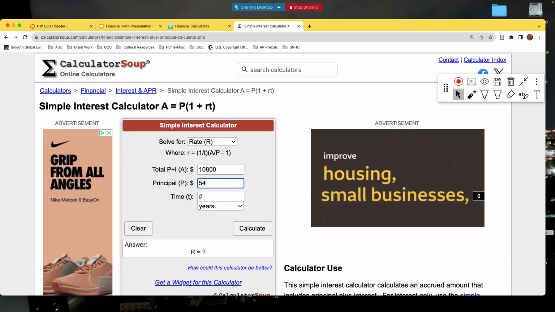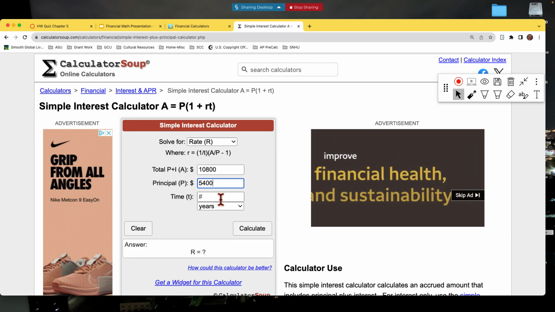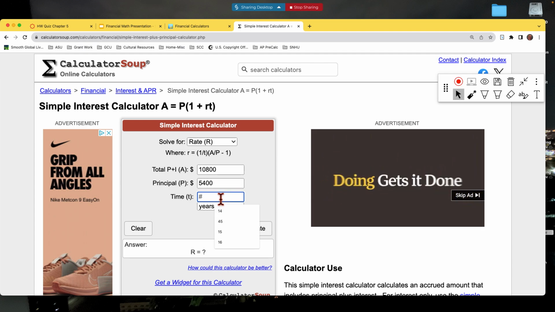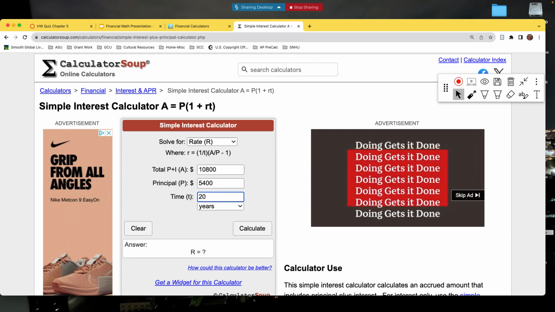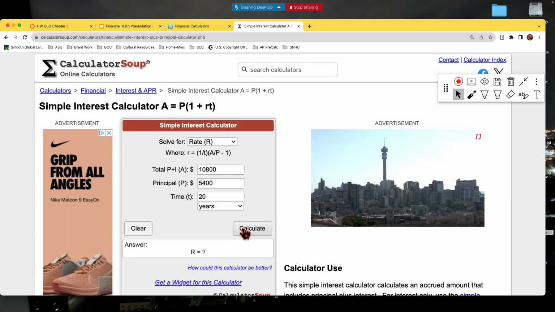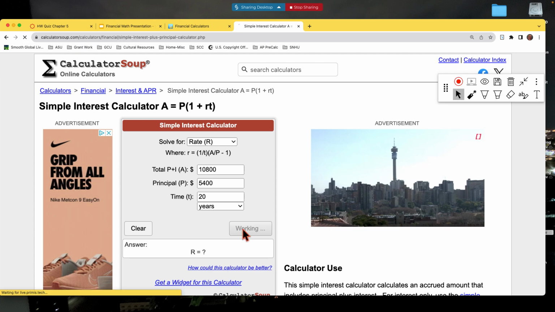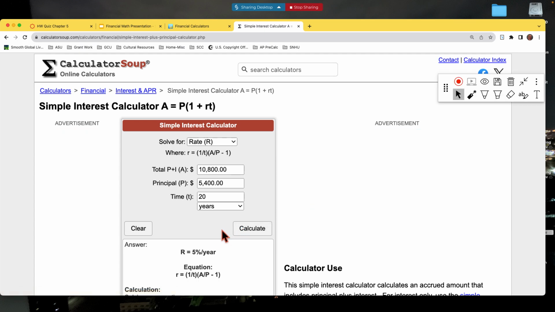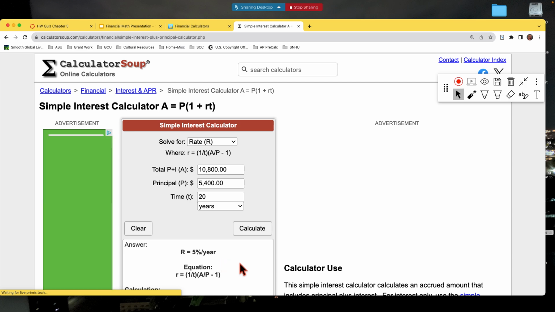The principal was 5,400. The number of years was 20. Now when we calculate it, it will give us the interest rate that we need to earn. So we calculate, as long as they get 5% per year, they're going to be just fine.